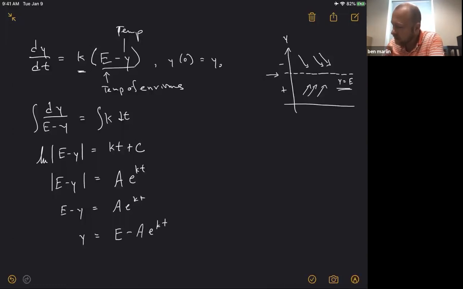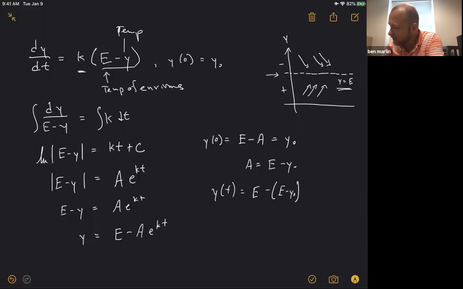And then because y of 0 needs to be equal to e minus a, and that needs to be equal to the initial temperature of your object, then the a needs to be equal to e minus y naught. And so we end up with a y of t here being e minus quantity e minus y naught e to the kt. Okay.